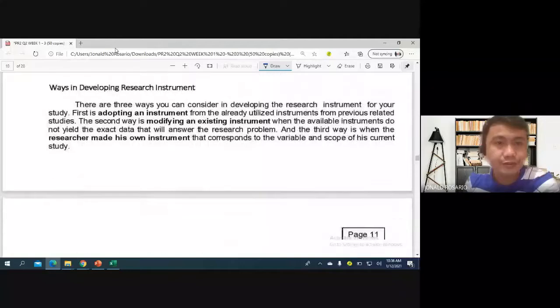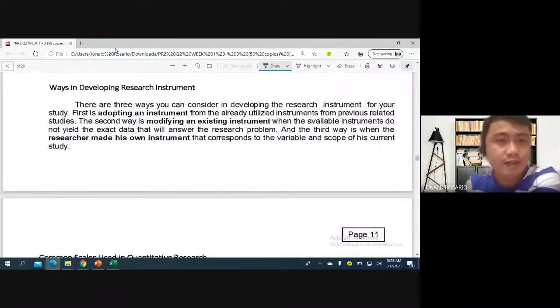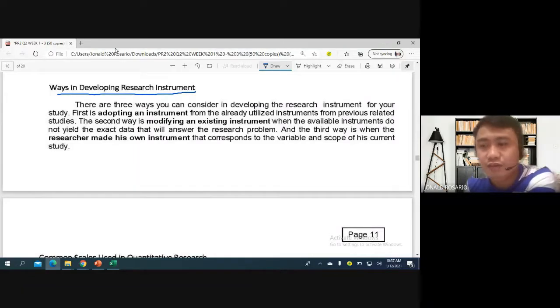Okay, so ito rin, pinaka-importante ito. Ways in developing research instrument. Irish, ano yung tatlo na ways? Ano yung una? What is the first one?